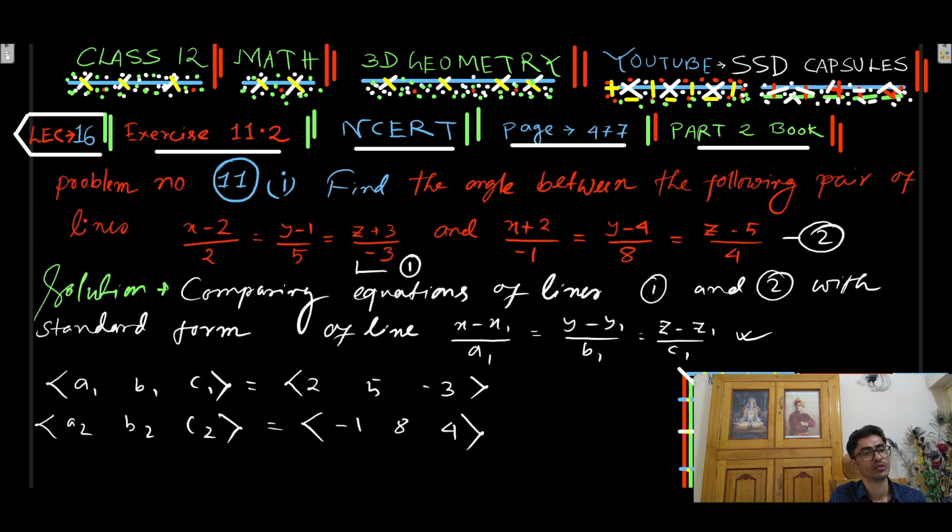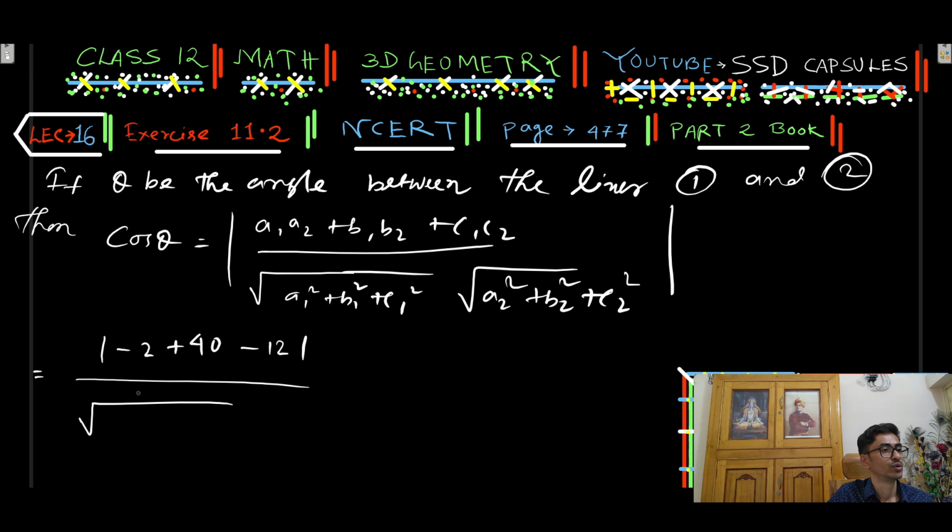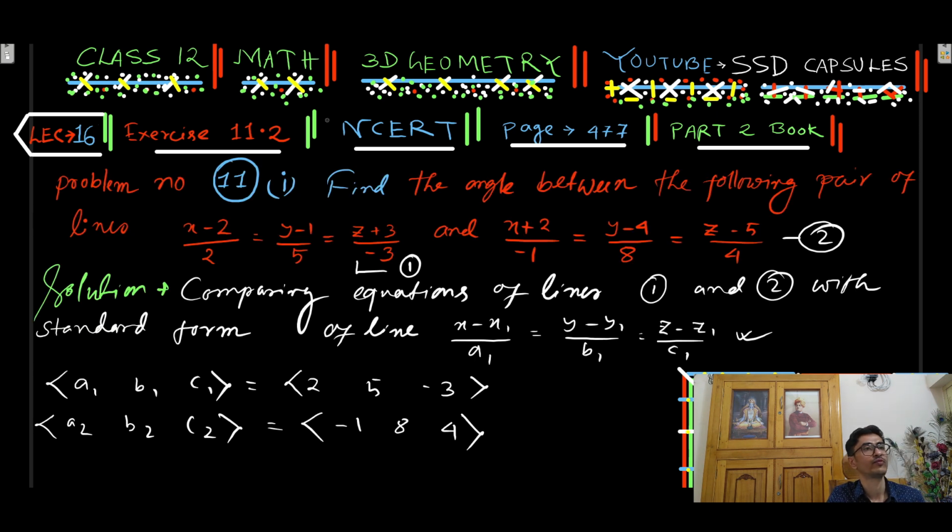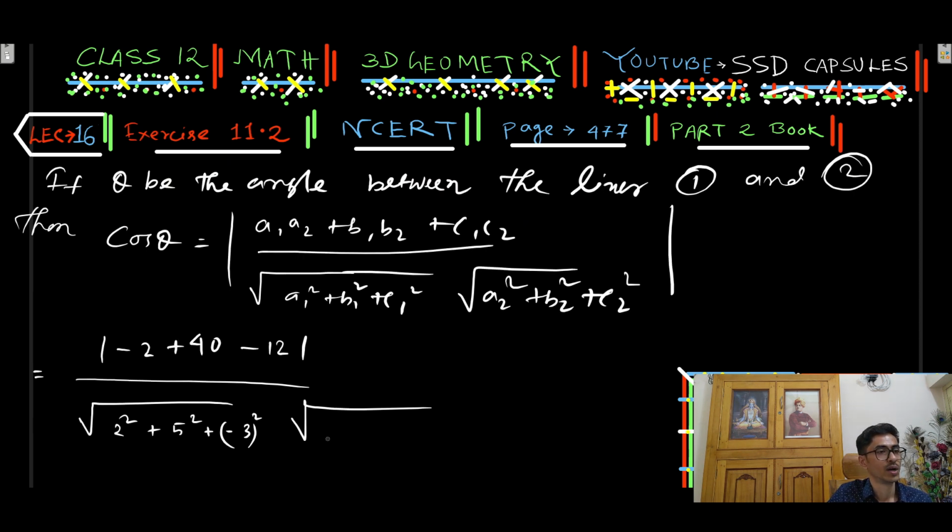A1, B1, C1 is 2, 5, minus 3, squared and added. Again square root of A2 square plus B2 square plus C2 square, where A2, B2, C2 is minus 1, 8, 4, squared and added.